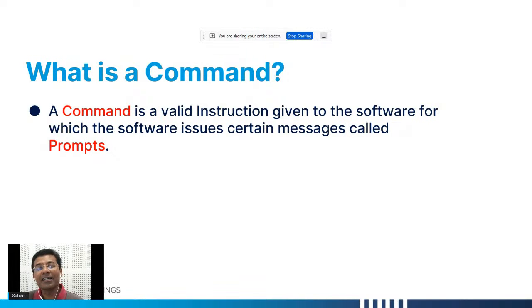So literally, it's a kind of dialogue that is taking place between you and the software. You talk to the software in terms of commands, and the software will respond back to you in terms of prompts. For any dialogue to be smooth, the basic prerequisite is you should know the words in that language, which are commands here, and the listener should understand those words.